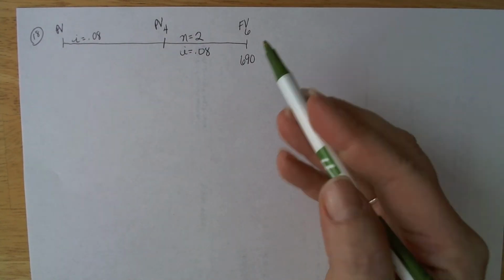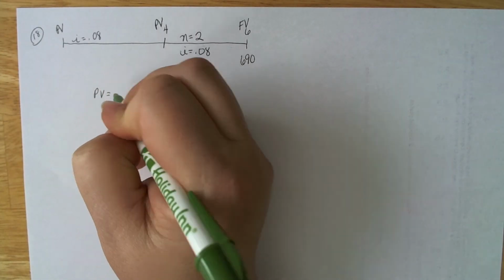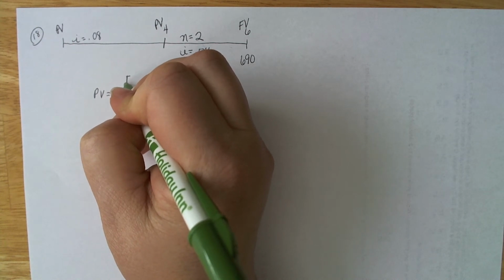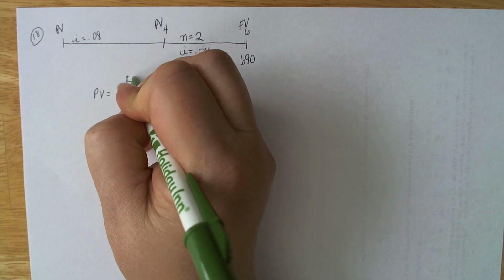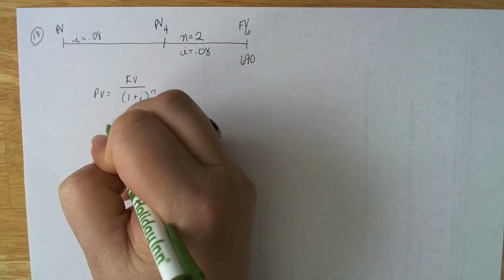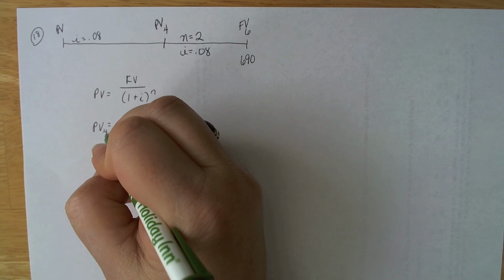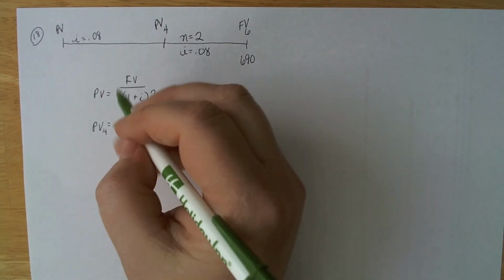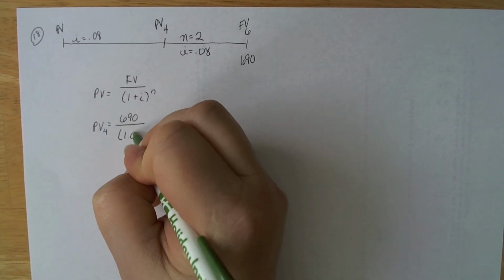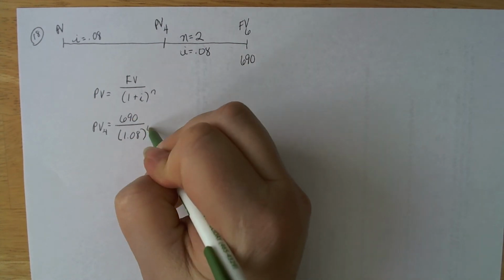Now, in your book, it says subtract 6 from 4 is your N. In fact, the formula is going to be written something like, we take the original present value formula, 1 plus I raised to the nth, but then when they work it out, they say the present value in year 4 is equal to 690 divided by 1.08, with your N being equal to 6 minus 4.